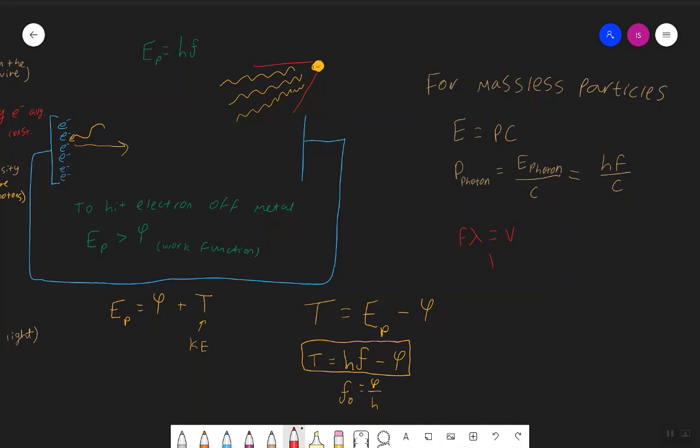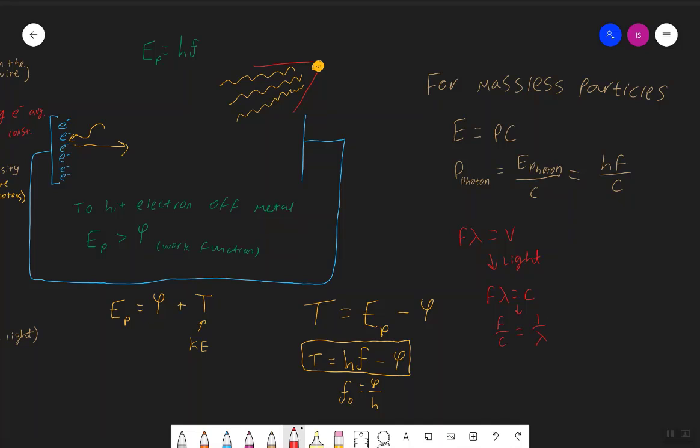So for light, or for a photon, f times lambda is equal to c, which would mean that f lambda equals c. And then if we look at what is f over c, if we rearrange this equation, f over c is equal to 1 over lambda.